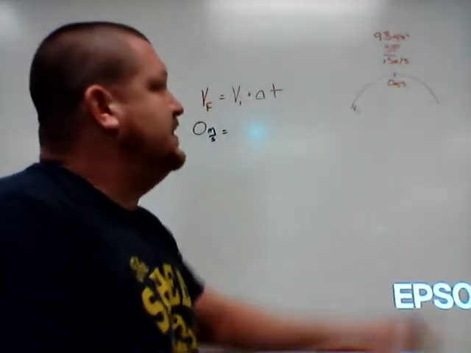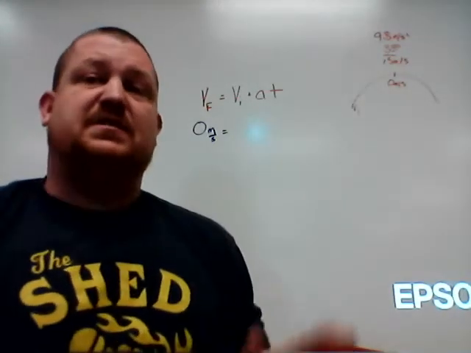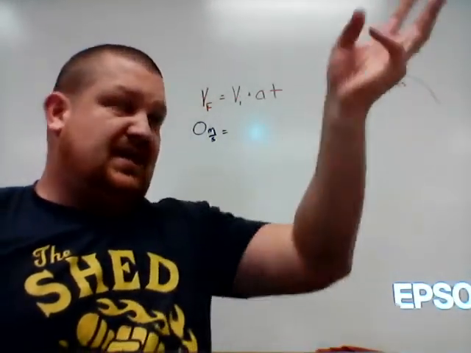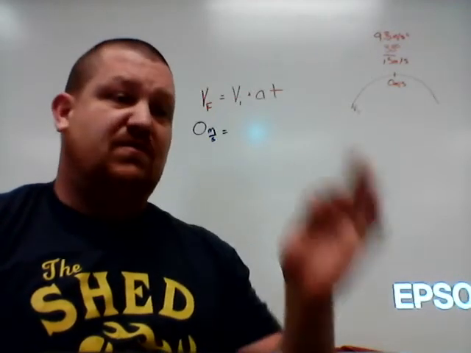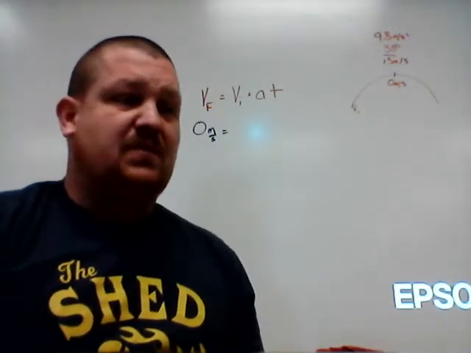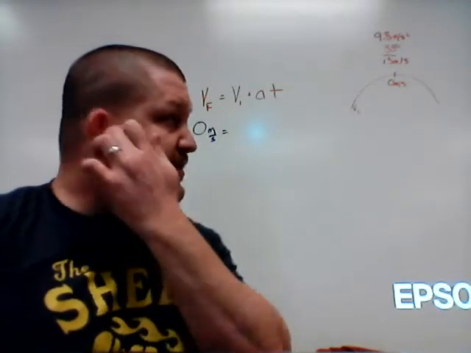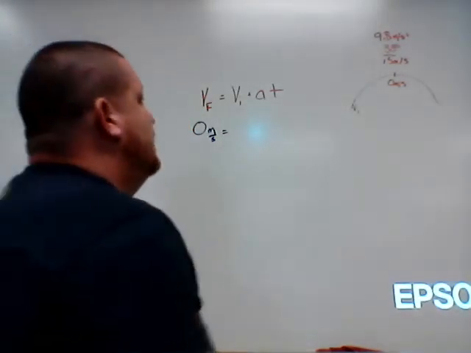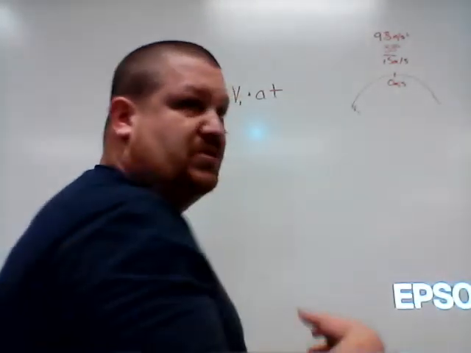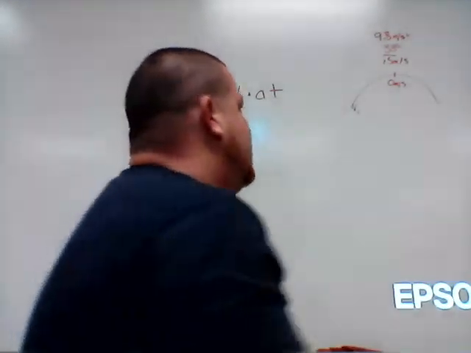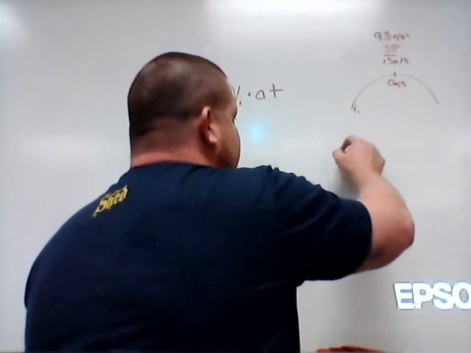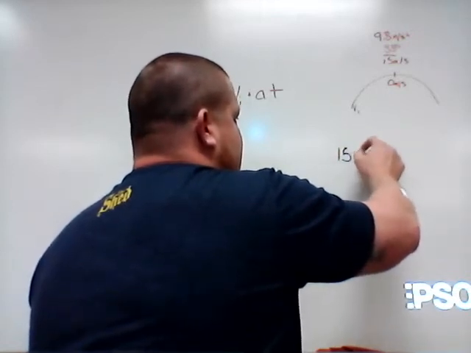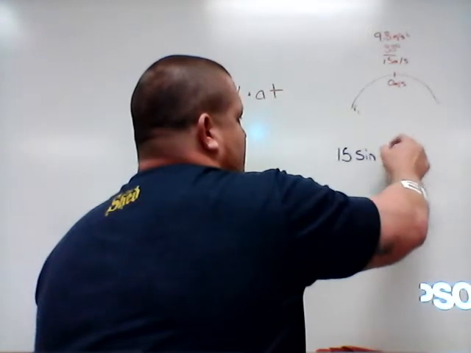For our initial velocity, we cannot just plug in 15 meters per second because that is the angled launch velocity. We have to break it down into vertical and horizontal. If you look at your formula sheet, you'll know, with the whole SOHCAHTOA thing we went over, that we would do 15 sine 38.